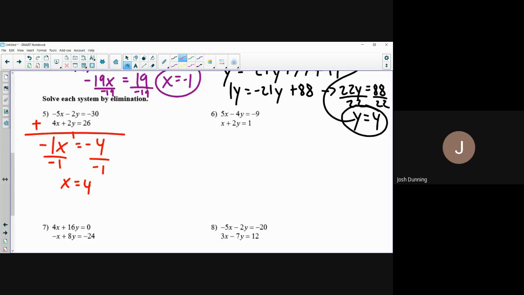Try to pick the easier equation, if there is one. None of the numbers are much easier than the other ones, but this bottom equation here doesn't have any negatives. I might as well just use that. So I'm going to put the 4 in, 4x. And like I said a minute or two ago, you could do the top.